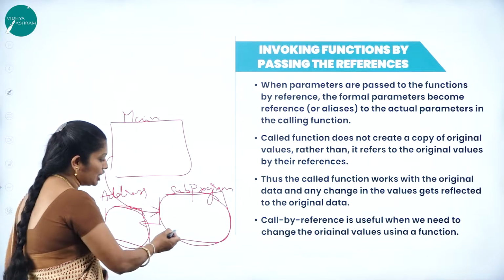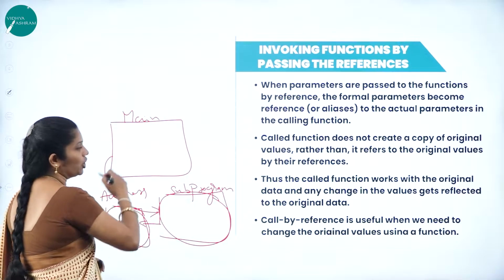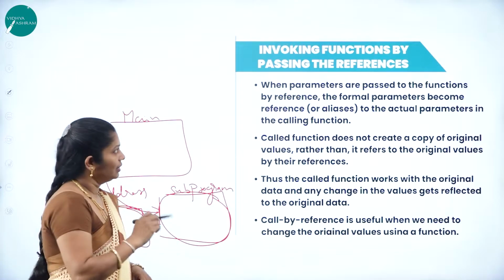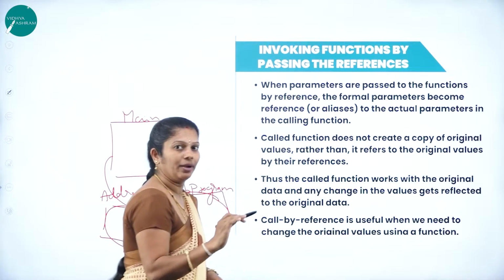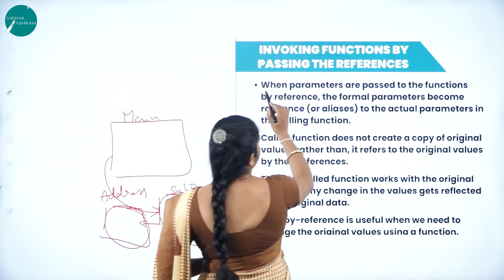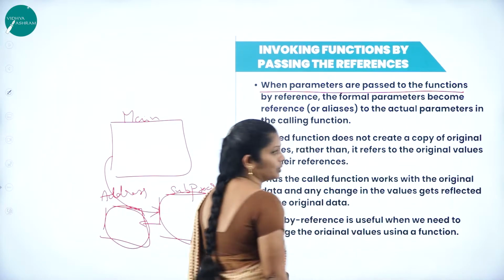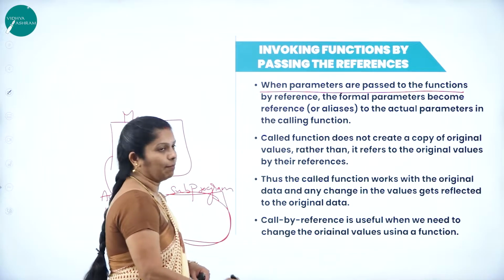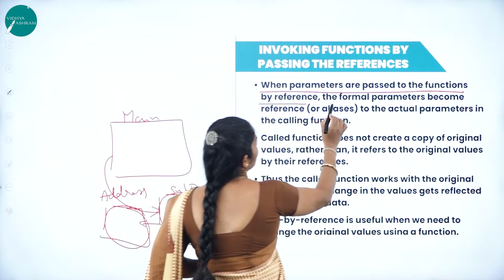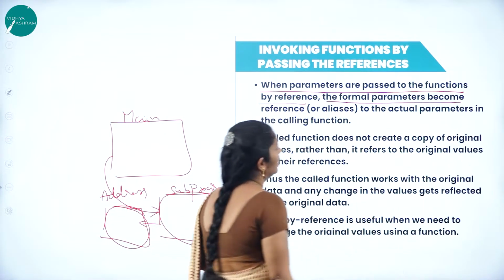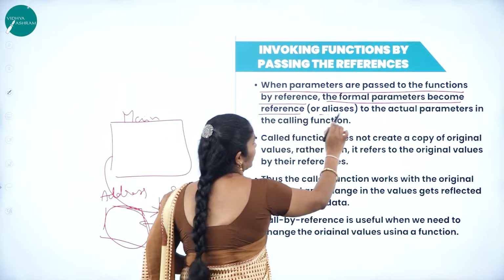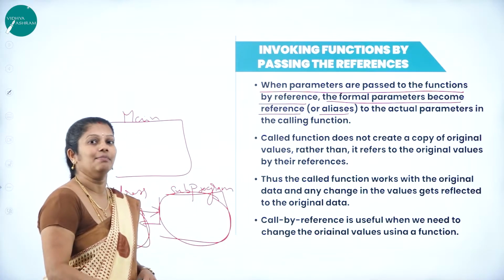If there is any change made in the subprogram, that also affects the main program. Parameter or argument is nothing but values. When parameters are passed to the function, that is subfunction, subprograms by reference, the formal parameters become references, or we call them aliases, that is by some other name.